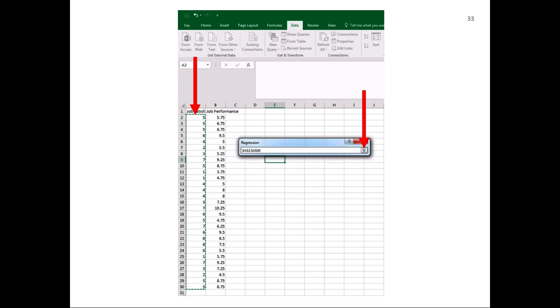So this is extremely important. If you highlighted the label for your outcome variable before, if you highlighted the label for job performance, you need to also highlight the label for your predictor variable or variables. You need to highlight the label for job satisfaction.